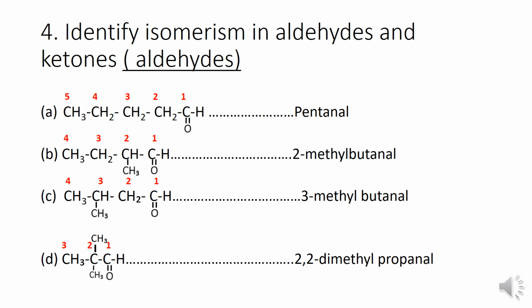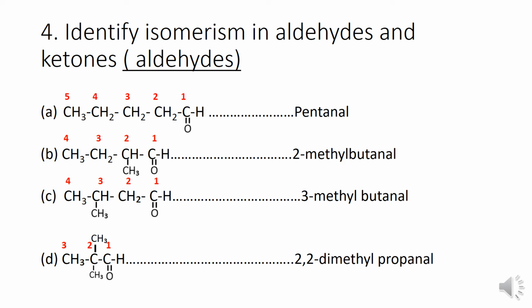Let's see here. The first isomer has 5 carbon atoms. The main chain consists of 5 carbon atoms. The first carbon atom is the carbonyl group, and we start numbering from this side, where we have the functional group, which is the carbonyl group.